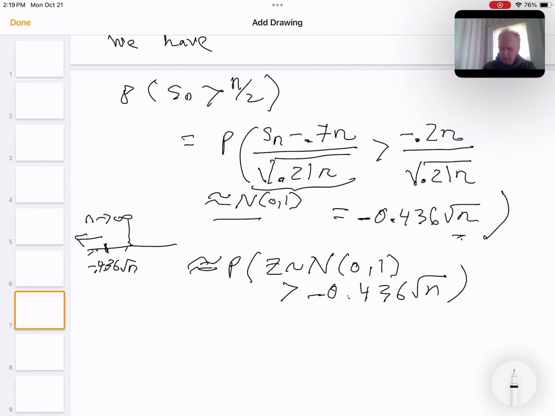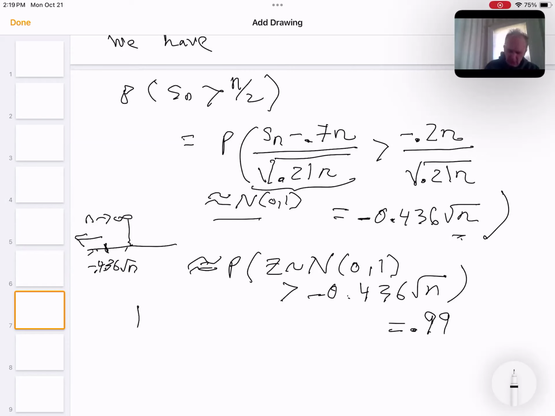So if we set this equal to 0.99, we are just left with one challenge, which is to find how to now get that answer, right?